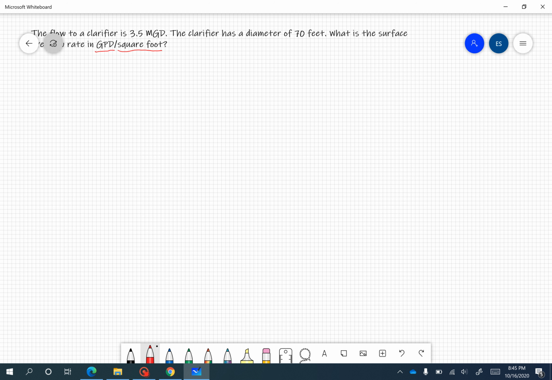So your answer is going to be gallons per day divided by the surface area of the tank. And of course, that's always going to be in square feet.